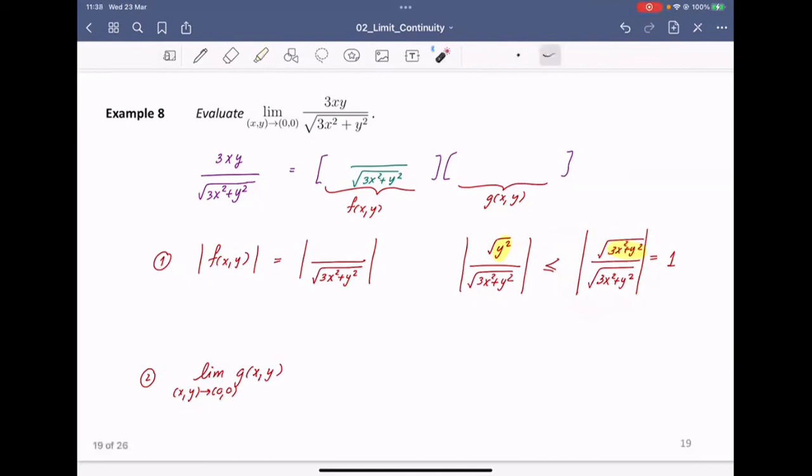This term on the right hand side is going to be bigger for sure, because from left to right, you add 3x squared. This is a positive thing. You add a positive thing, this side is going to be heavier. This inequality is valid because I add the big thing on the right hand side. And also, if I take square root of y squared, it's y, which means I should keep y here. 3x, you go that way.